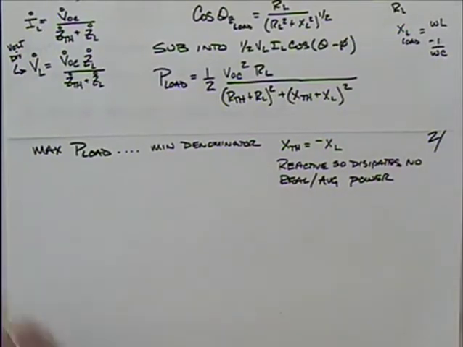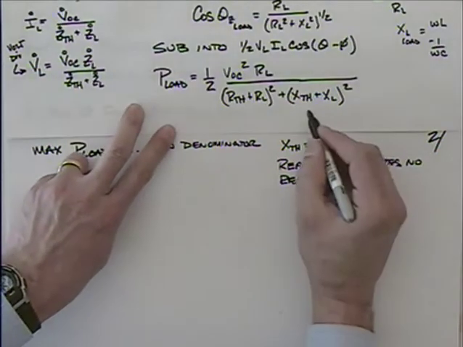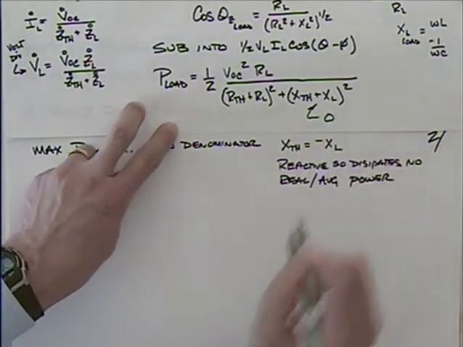Okay, the reactance, the imaginary term, does not dissipate any real or average power. So there's no downside to setting my load impedance, putting a negative in front of it, setting it equal to the Thevenin impedance. Okay. So with that, then this term goes to 0, right?